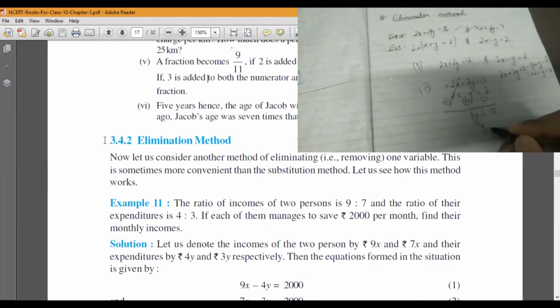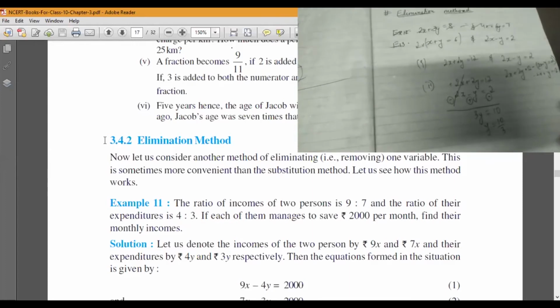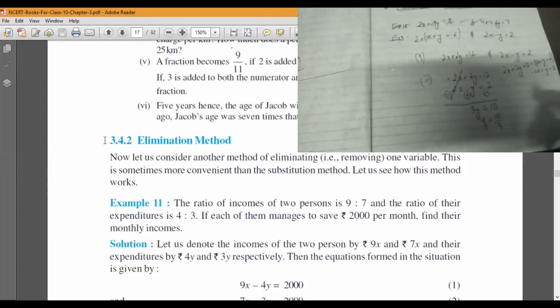Then the value of y is 10 upon 3. We could leave it as a fraction. We have solved for one variable. We got the value for y. Now we'll find the value of x. Till here you have done 70% of the question.